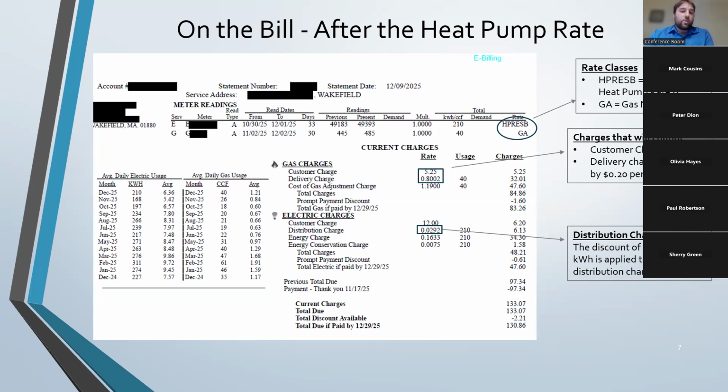As we talked about, the charges changed from 6.25 to 5.25 on the customer charge, and from 59 cents to 80 cents on the CCF, the delivery charge line. And then down below, you'll see that cent and a half off on the distribution charge. So that's where you'll see all of those changes if you do end up signing up for the rate. You'll know, okay, I'm signed up for this rate, I know why X, Y, and Z is happening and where it's going to happen on the bill.